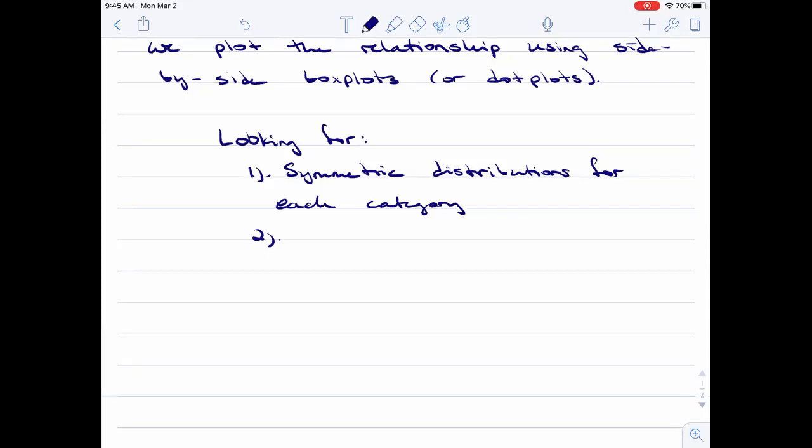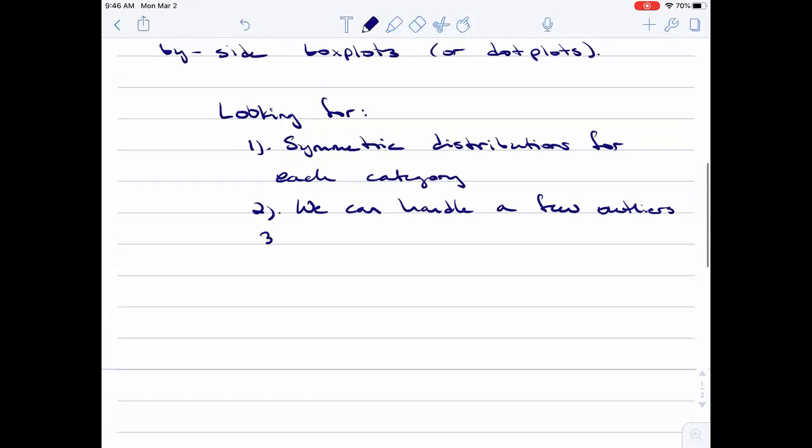But we can handle a few outliers, but not a huge amount. That's going to be a go-with-your-gut type of situation.